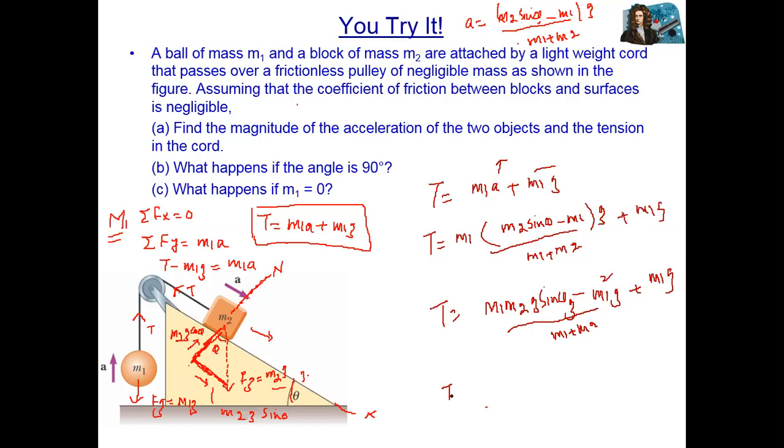Now if we take LCM of this one, so LCM will be M1 plus M2. M1 plus M2 divided by M1 plus M2 equal to 1, 1 multiply with this one.